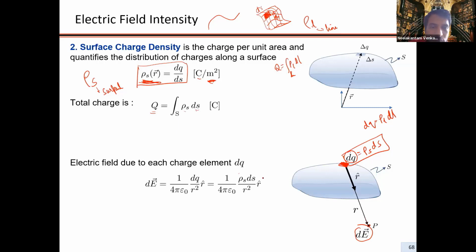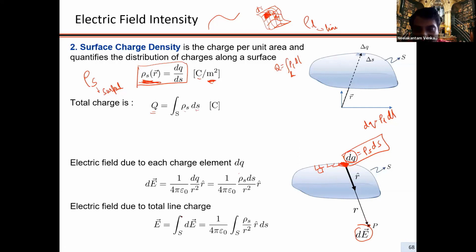So once I know the small little electric field due to the small little charge, I'm going to move on to this dq, this dq, and so on. So I'm going to integrate it over the surface and end up getting a surface integral over the surface of dE, where rho s dS becomes this term here.